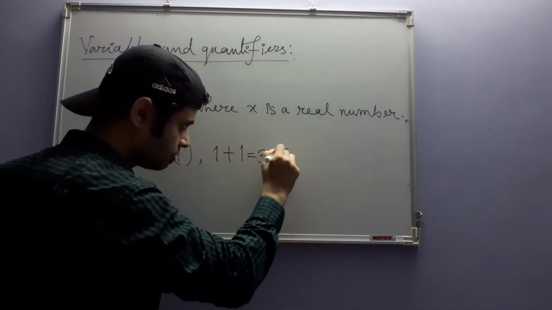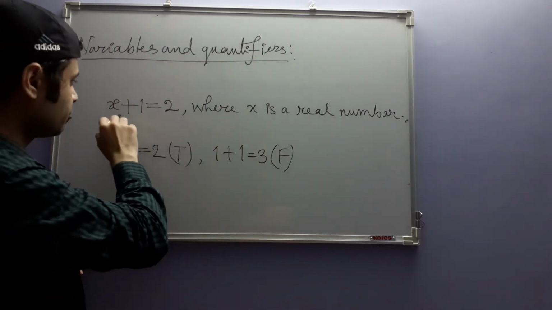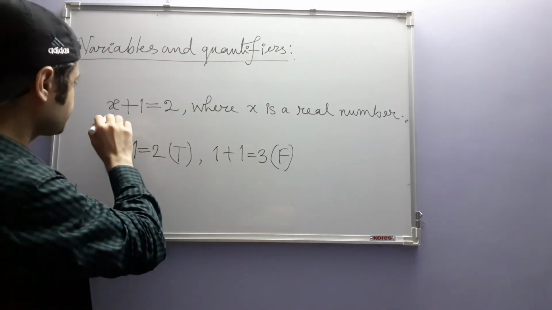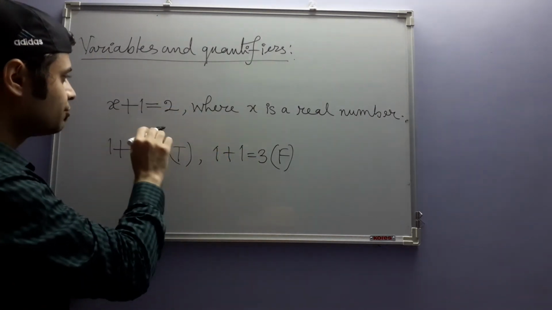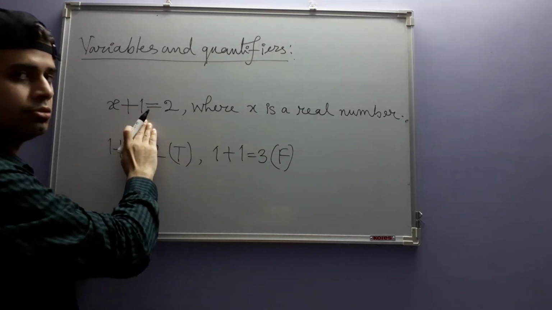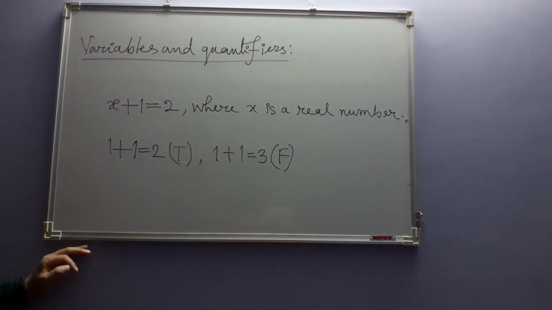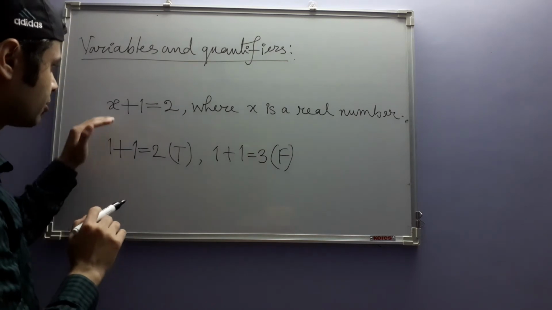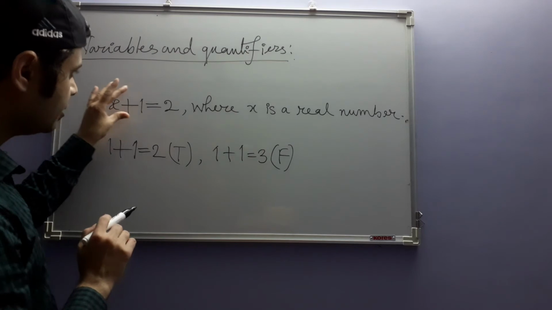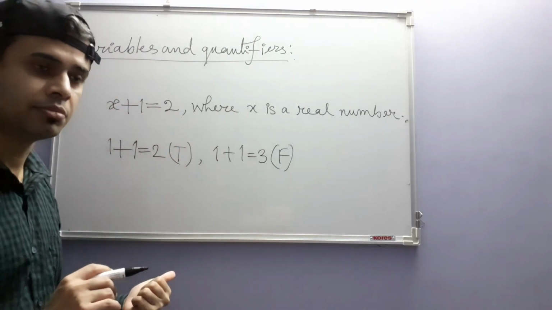This one is false. However, when we encounter a statement where we have one or more variables, its truth value depends on the variable. It does not have a definite truth value, but still it's a well-defined statement. Actually, a statement involving a variable is a collection of other statements.